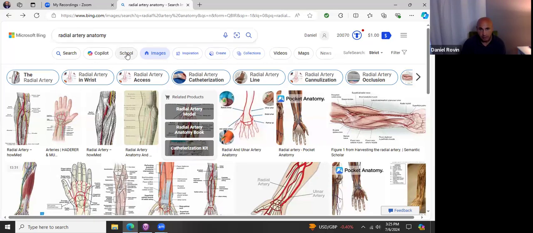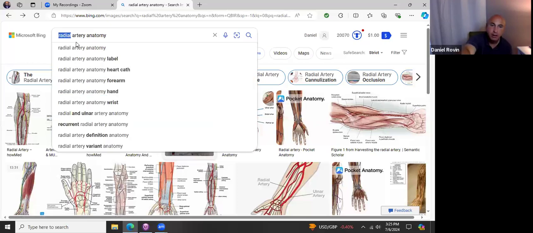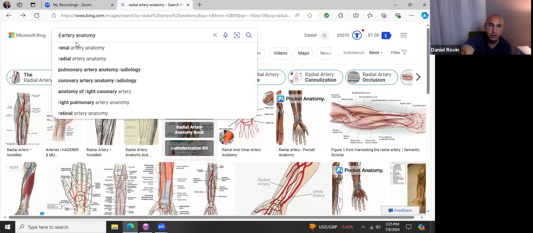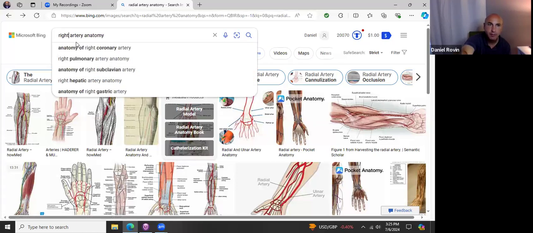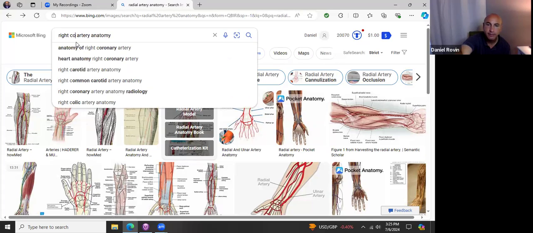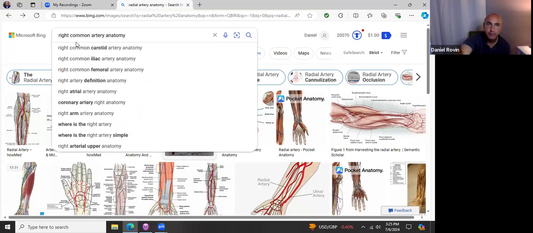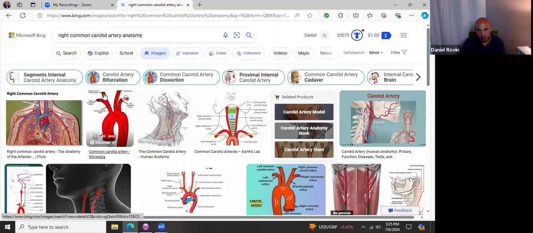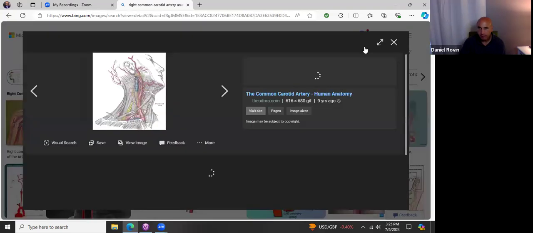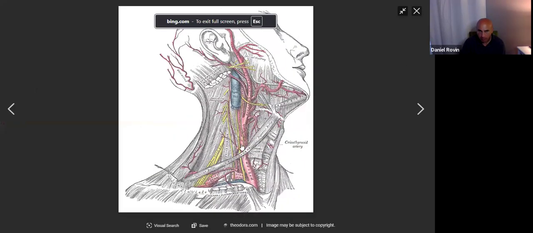All right, so we need to go back to that carotid moment and look at the right common carotid. So again, we're in this moment where the brachiocephalic trunk goes upward. And when you look at it from here, we can see how large that common carotid is going up into the neck.